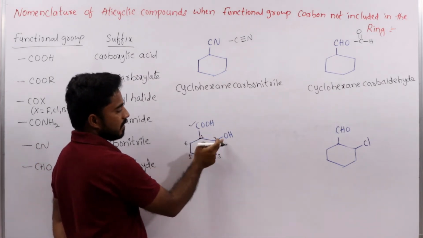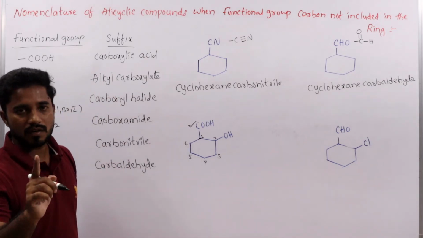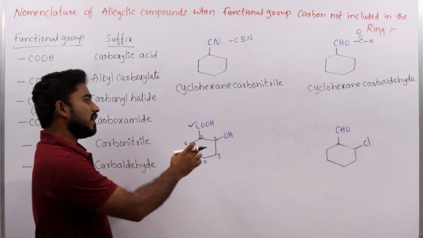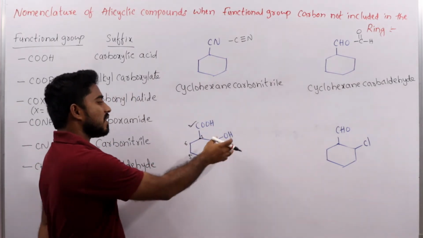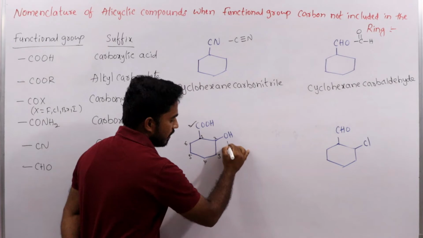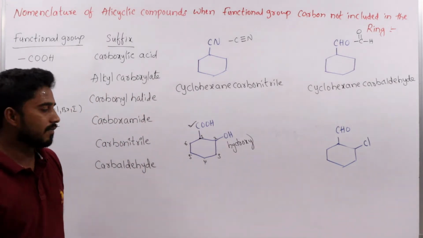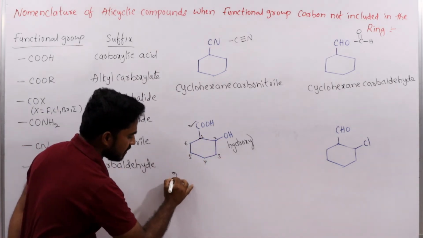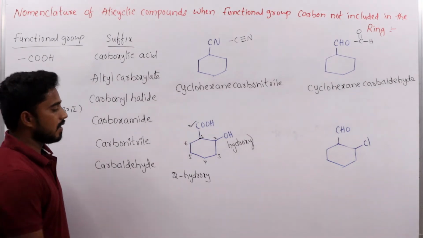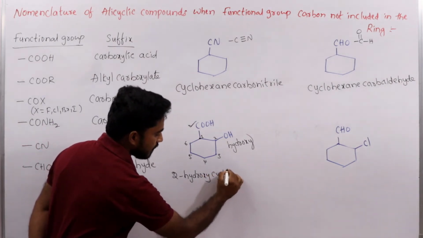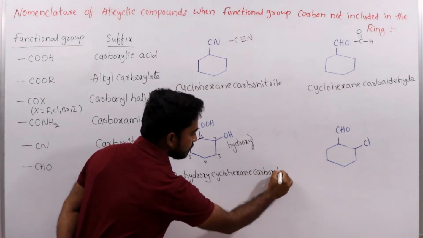When two functional groups are present, according to the priority order we select one functional group as the main functional group, that is, the secondary suffix, and give the other functional group as a substituent. OH is a substituent, and when OH is a substituent, the prefix we use is hydroxy. That's why the name of this molecule is 2-hydroxy cyclohexane carboxylic acid.